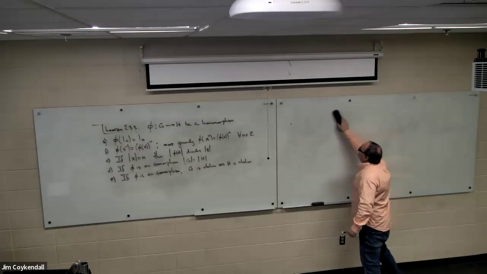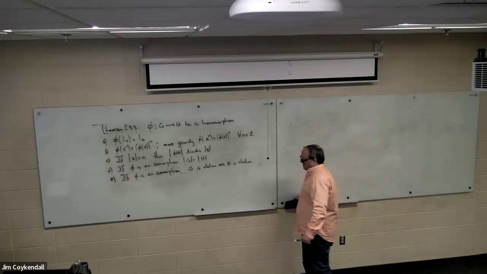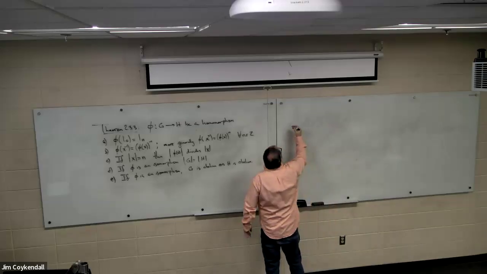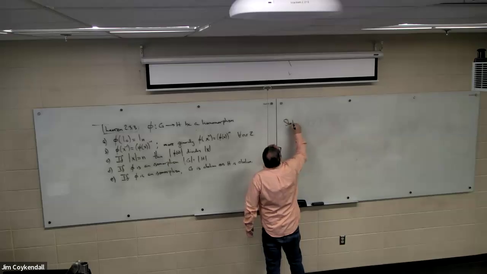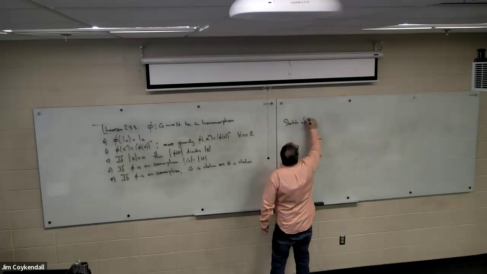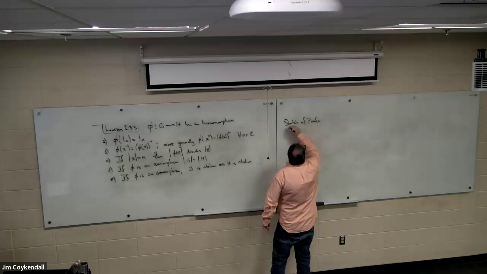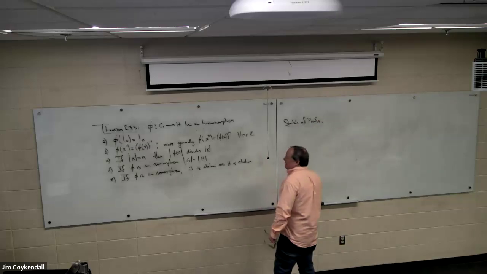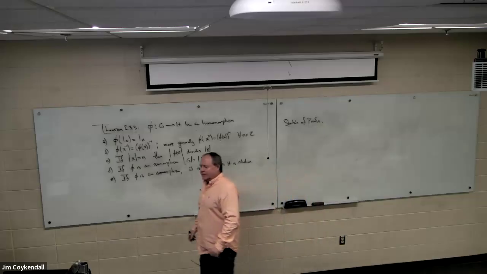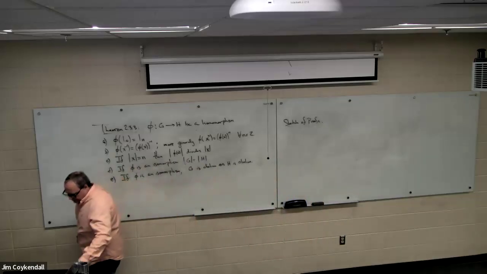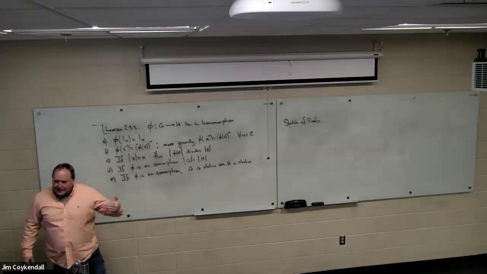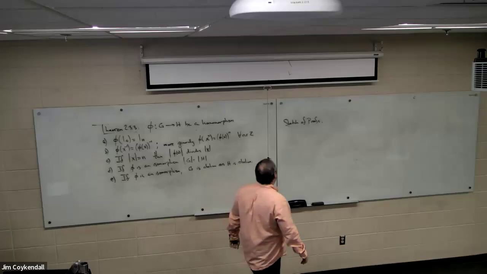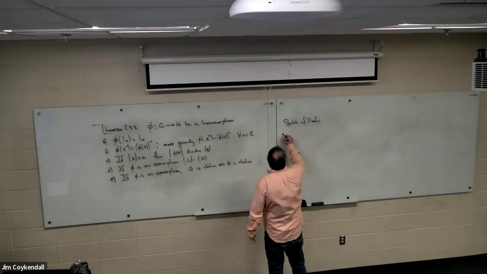Okay, in particular, let's look at one. I really like one, we'll see some examples of this. I want to prove that if you have a homomorphism of groups, it takes the identity of the domain group to the identity of the target group.